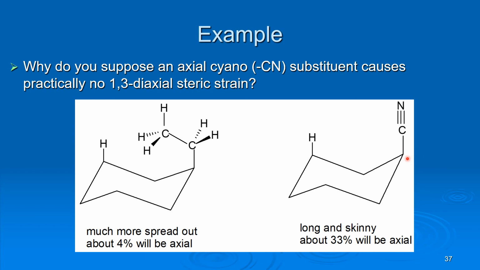So there still will be more equatorial, but only about 33% will still be in the axial position. So going back to that graph I was talking about, the greater the energy difference, the lower the percentage in the axial and the more will be in the equatorial position.